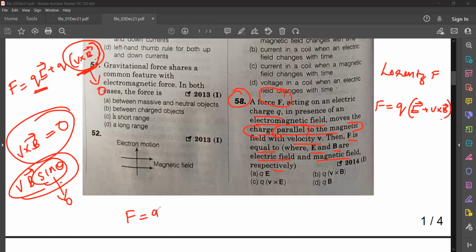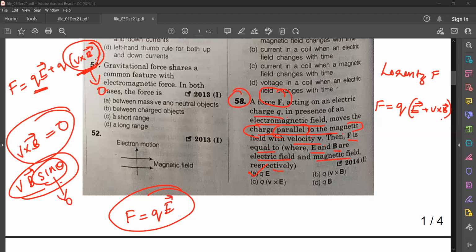So F is equal to QE. Only the electric field will have an effect, because the charge moves parallel to the magnetic field. That means V cross B is equal to 0. So F is equal to QE. Answer is option A. Moving to the next question.